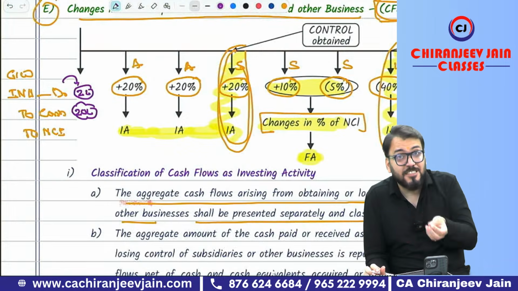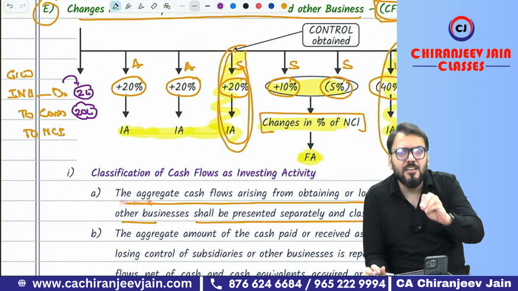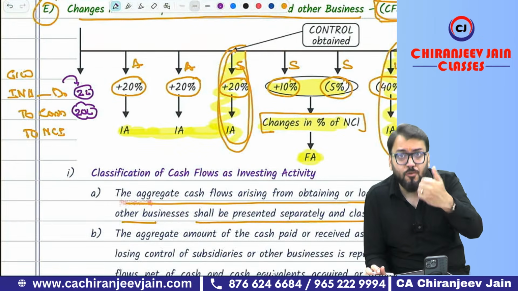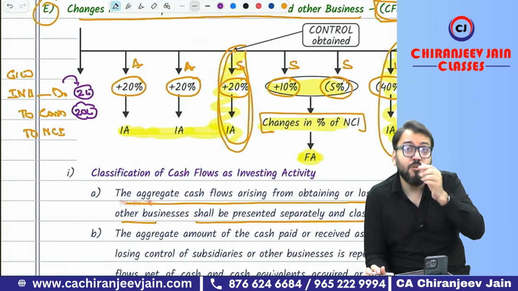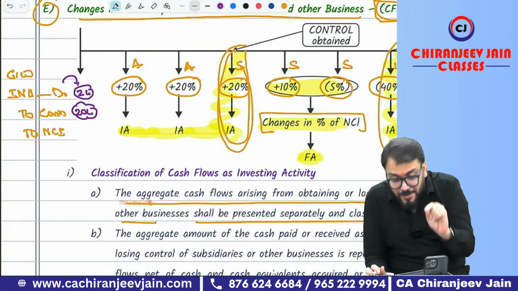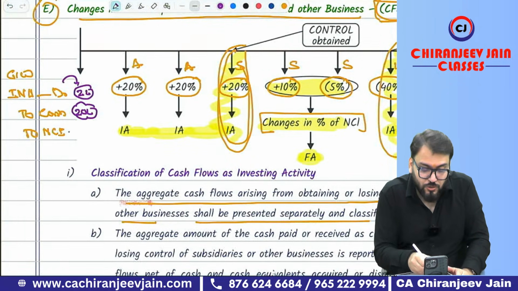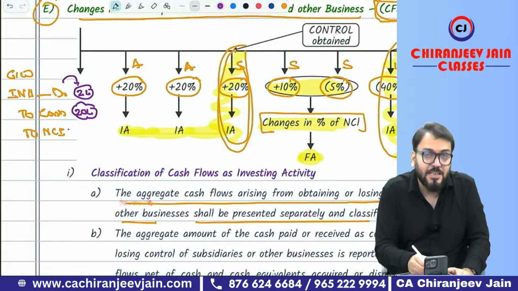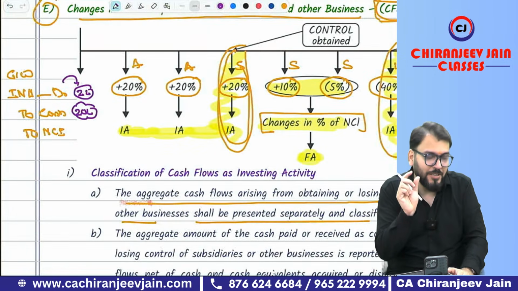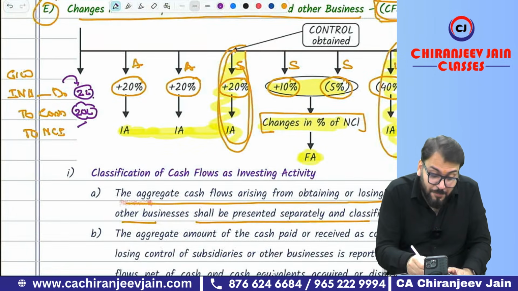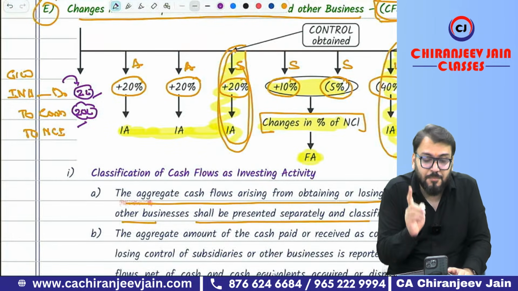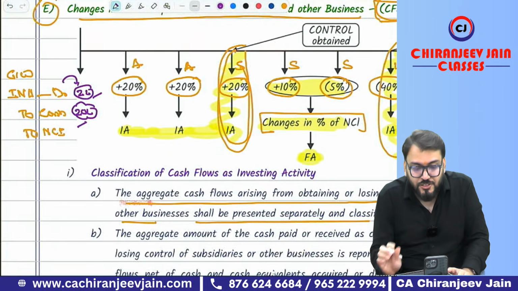Quite possible. So consideration paid in cash is 20 lakh, but it may include cash and cash equivalents of the acquiring company. So Ind AS 7 says that in this case, of course, it is an investing activity because you obtain control, but your outflow will be 20 minus 2, that is 18 lakh. Understood?